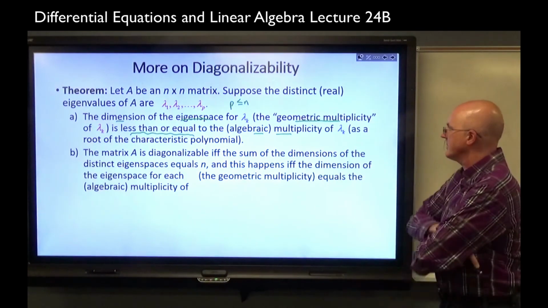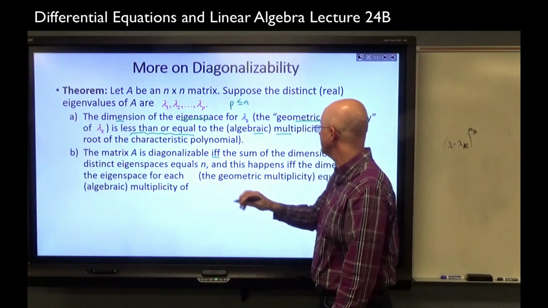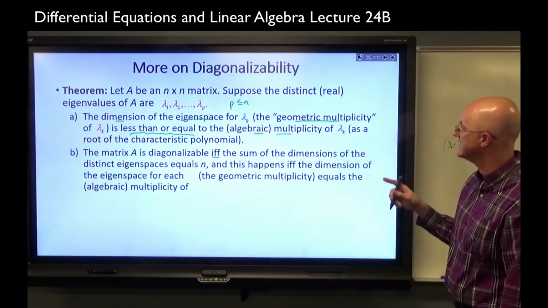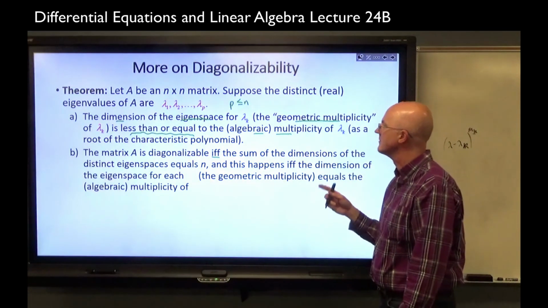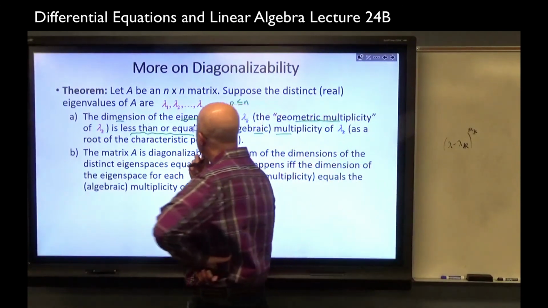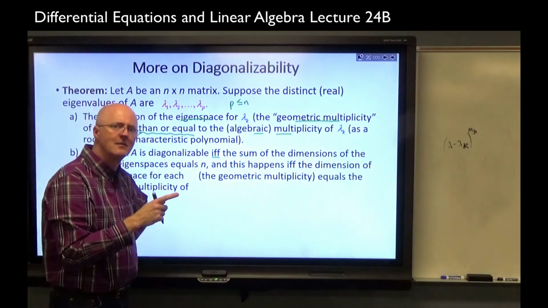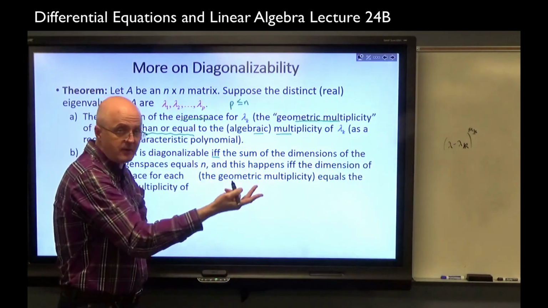Next, part B, the matrix A is diagonalizable if and only if, this is an if and only if, the sum of the dimensions of these distinct eigenspaces equals n. P could be less than n, and each one of those could have a multiplicity bigger than 1, for example.